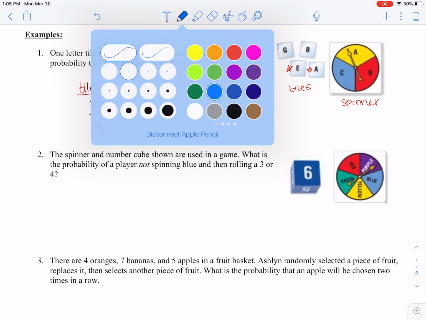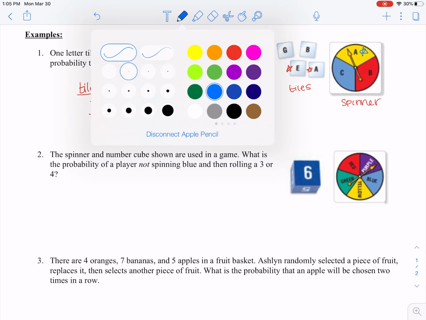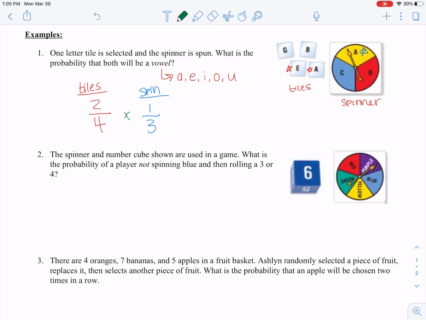Now let's look at the spinner. For the spinner, we have A, B, and C, so we know that just A would be the vowel, which is 1 out of the 3 total letters we see there. Now what do we have to do with those 2 fractions? We would have to multiply them. That would give us the probability of getting a vowel in the tiles and spinning an A on the spinner.